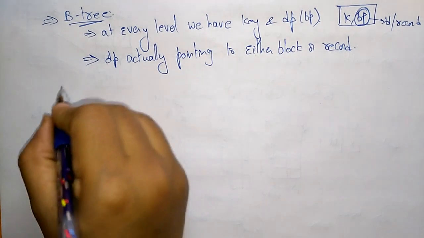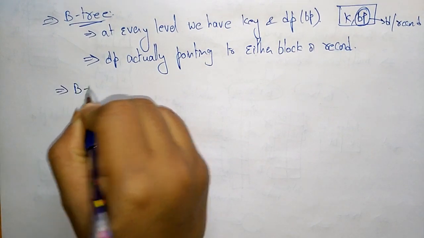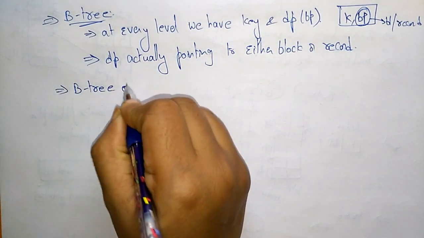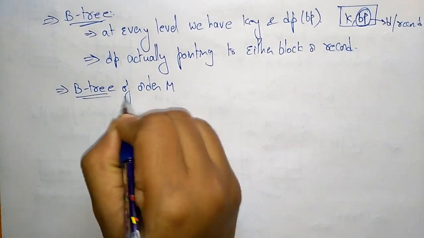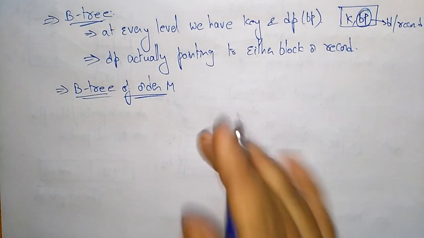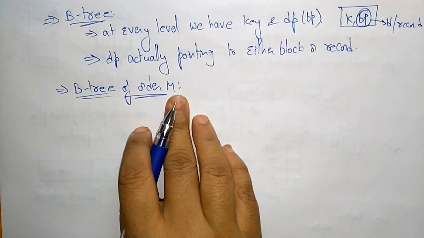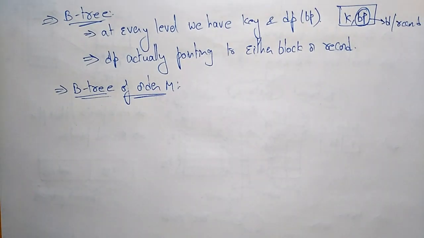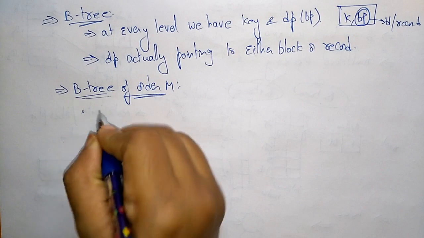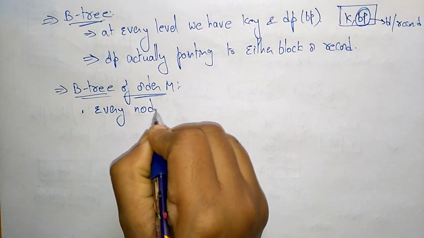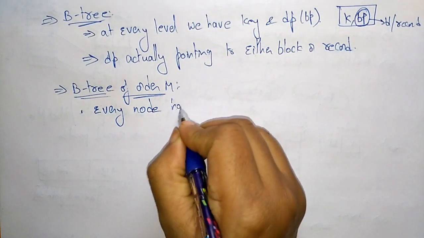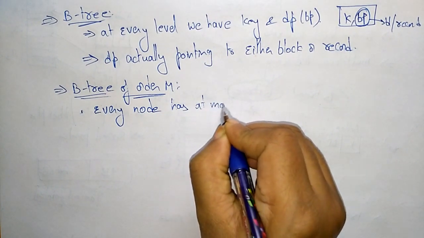So let us take a B tree of order M. So what is this order M? Suppose you take a B tree of order M. The size of the B tree is M. The points you have to note: every node has at most M children.